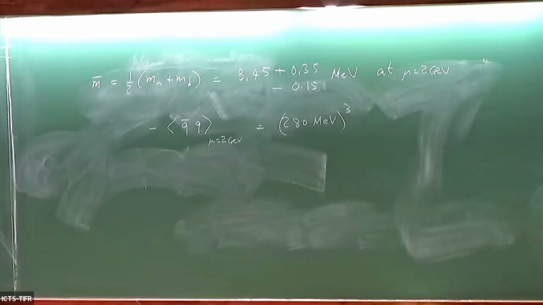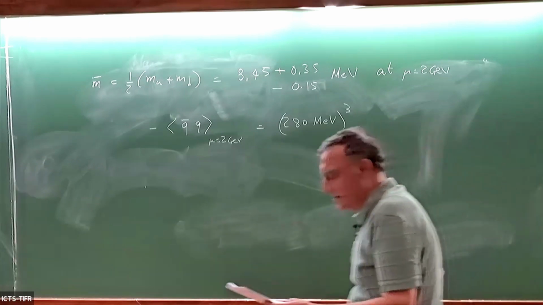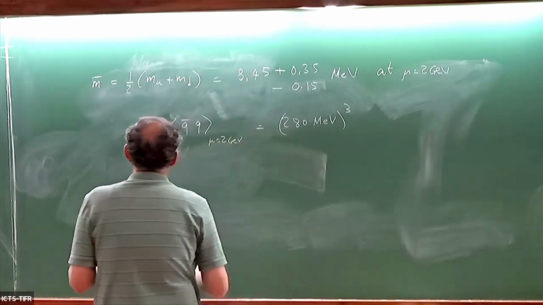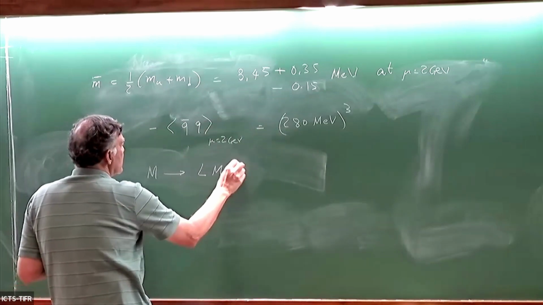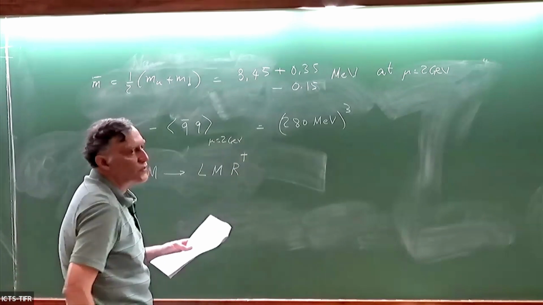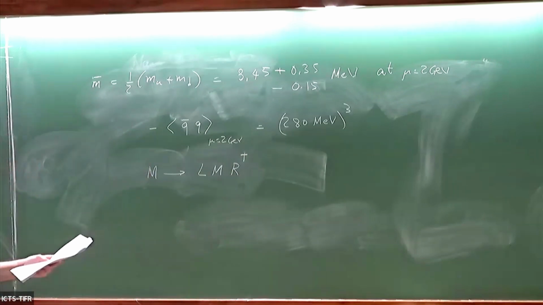Now, there's one other thing I should mention about the quark masses, which was kind of fun when we first did this, sometime in the 1980s. It's not so relevant now, but still it's worth keeping in mind. The quark mass matrix transforms like L M R dagger.